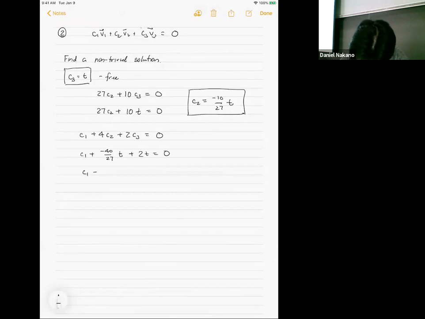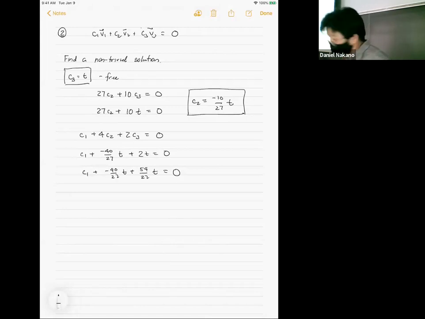So that's C1 plus minus 40 over 27 T plus 54 over 27 T equals 0. Is that all right with that? 54 over 27 is 2. And then it's not so bad. So C1 plus 14 over 27 T is 0. So then C1 is equal to minus 14 over 27 T.